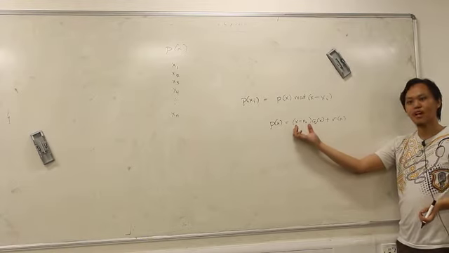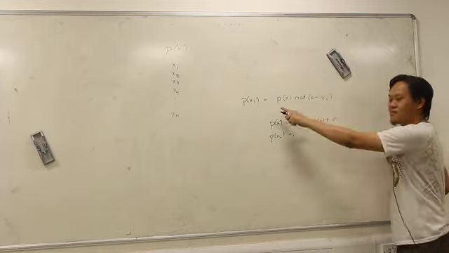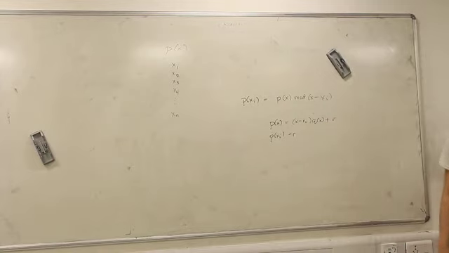But this has degree 1, therefore the remainder must be constant, so let's just write r. Now let's say you try to evaluate it at x sub i. This will become p of x sub i, and this will cancel out, so you get r. Therefore, the remainder must be the evaluation.